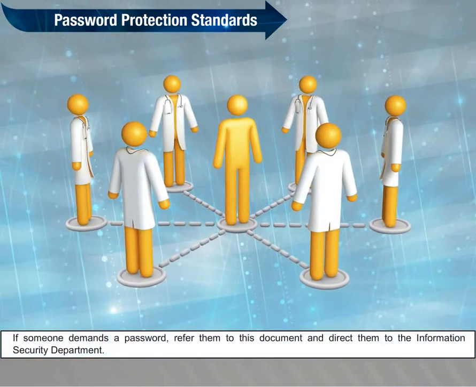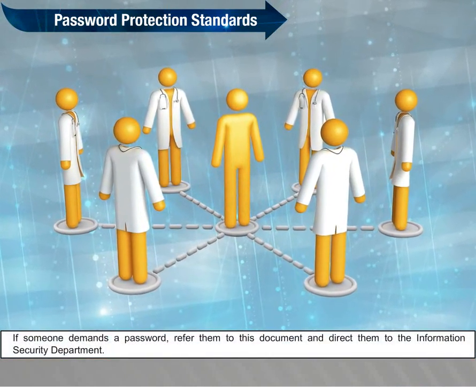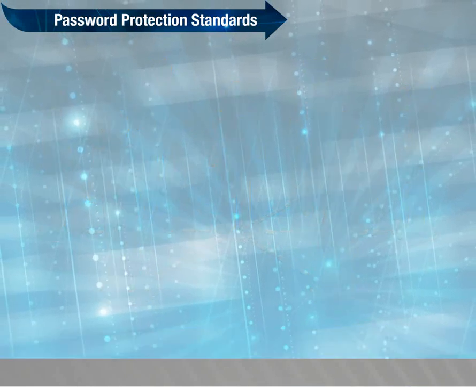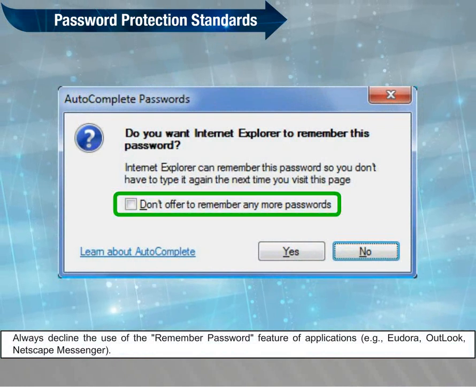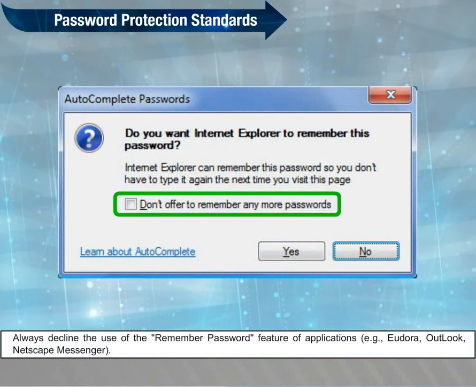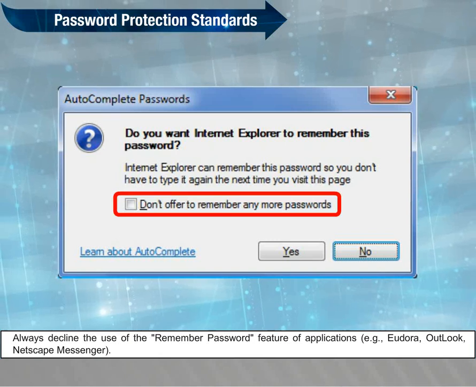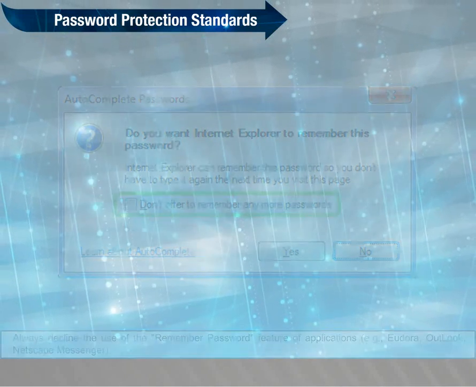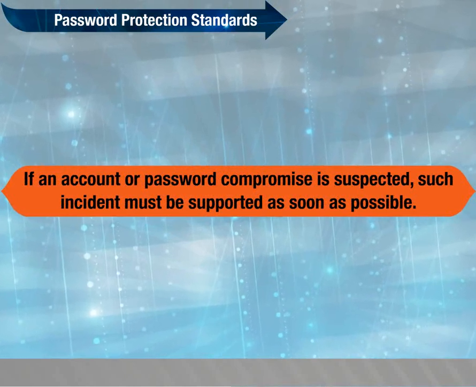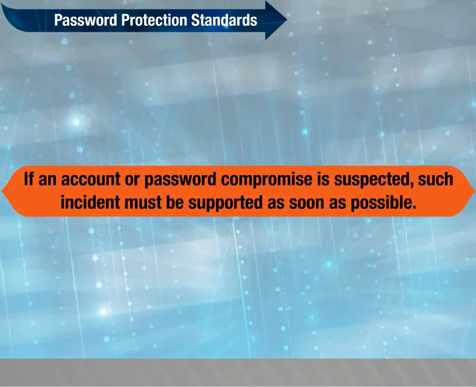If someone demands a password, refer them to this document and direct them to the Information Security Department. Always decline the use of the Remember Password feature of applications, for example Eudora, Outlook, Netscape Messenger. If an account or password compromise is suspected, the incident must be reported as soon as possible.